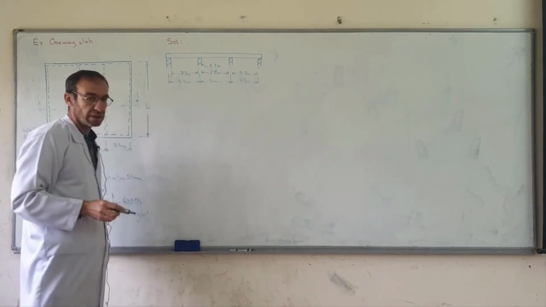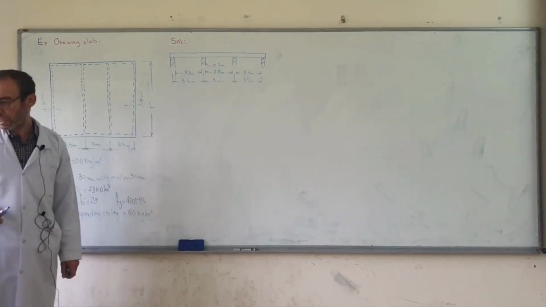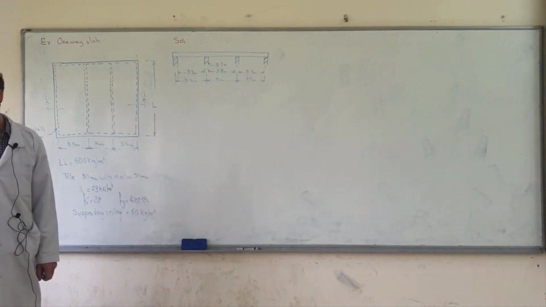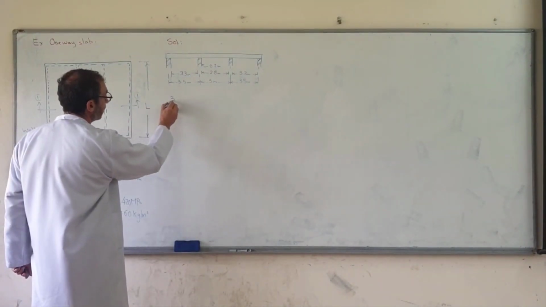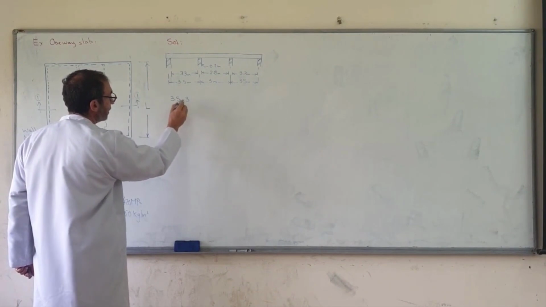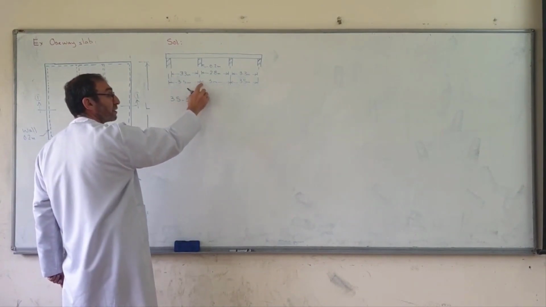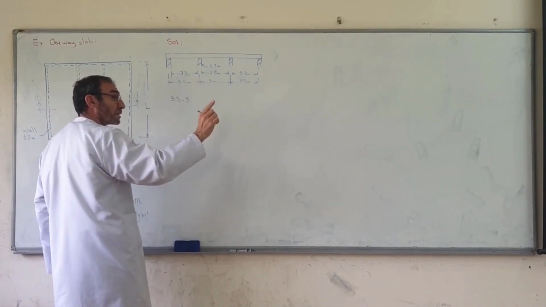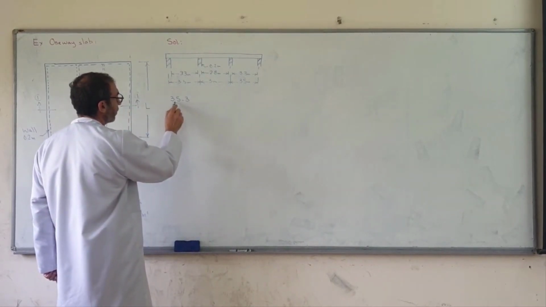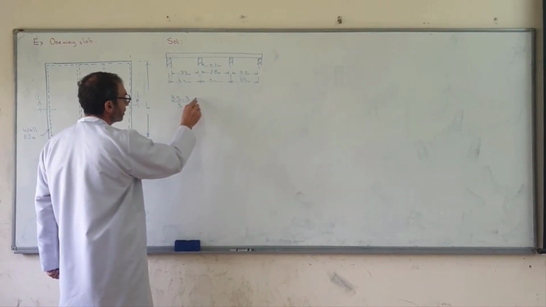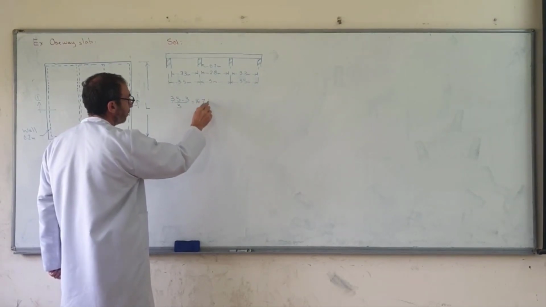Then we find the thickness. Now I check if I can use ACI coefficients or not. 3.5 minus 3. The difference between two adjacent spans must be less than 20%. Must be less than 20%. Divided over the smaller, that shows 16.7%.